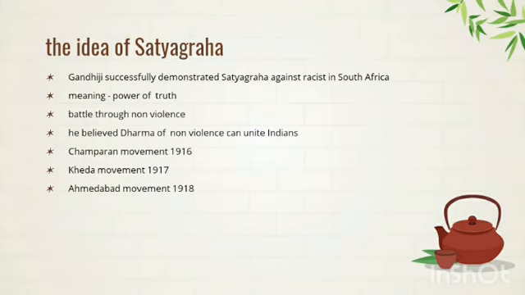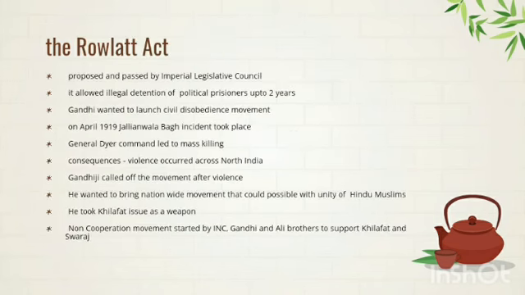So, next we will move to the Rowlatt Act. The Rowlatt Act in 1919 was passed through the Imperial Legislative Council in spite of opposition of the Indian members. The Rowlatt Act gave the government enormous power to repress political activities.